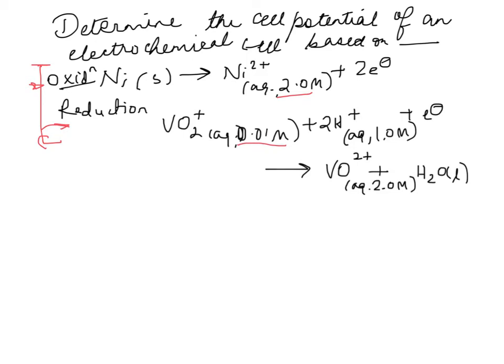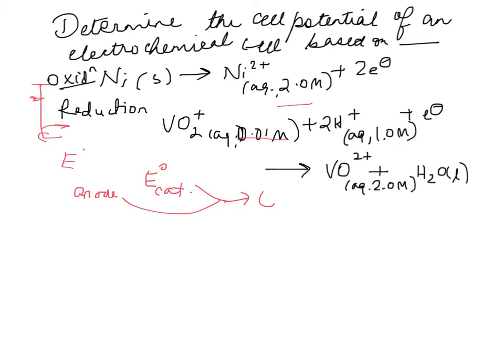You know that if you can determine the E naught anode and E naught cathode, you should be able to determine the E cell. You know that because E naught cell is nothing but cathode minus anode. So we can simply get that information directly from your table of electrode potentials, and those are the reduction potential values again.